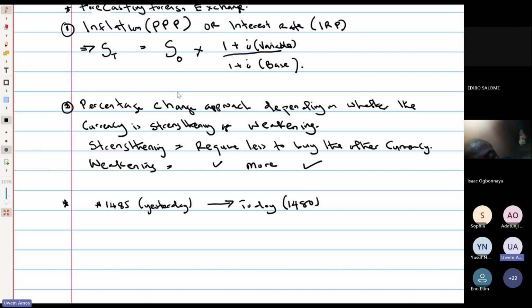We clearly need less Naira, because yesterday we needed 1,485 Naira to buy dollar, but today we need 1,480 Naira to buy dollar. So that's less. And if you need less to buy the other currency, we say what? The Naira is what? It's strengthening against the dollar.